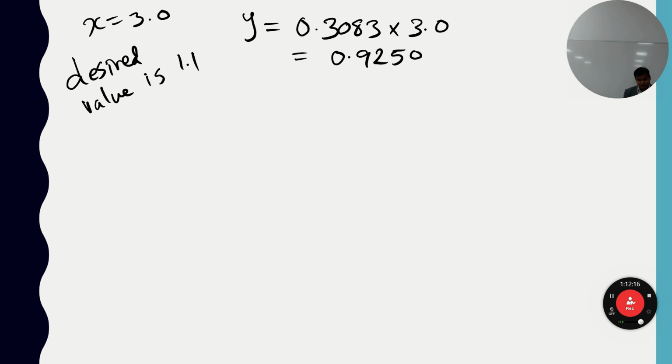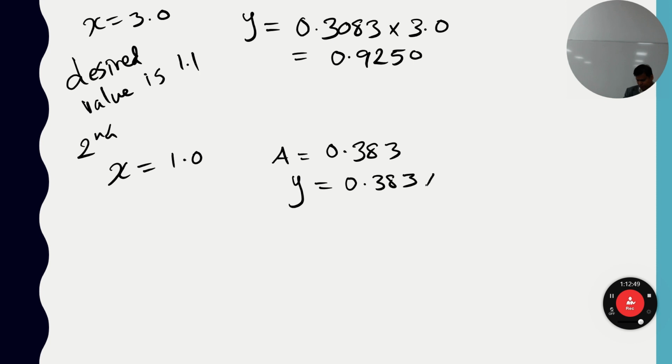So let's continue the same line of thought and see how it applies to another training example. So this is the first training example. Let's go for the second training example. For the second training example, x equals 1.0, right? So A equals 0.3083, and we have y equals 0.3083 times 1.0, which is 0.3083.